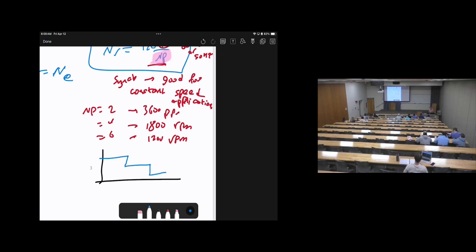Like 3,600, 1,800, 1,200, something like that, which is not a smooth relationship, which means I cannot use it in an EV as an example, right? Because it changes the speed in steps. I cannot change it from 0 to something. That's initially what we thought. And is there any application where we can change the speed in steps?